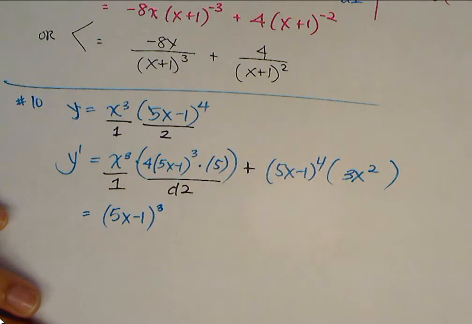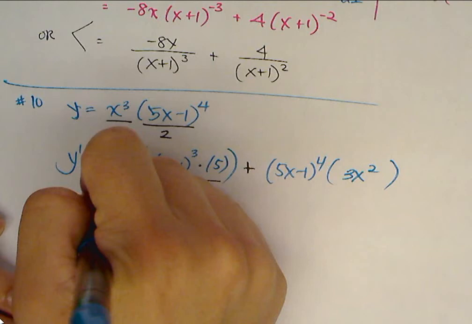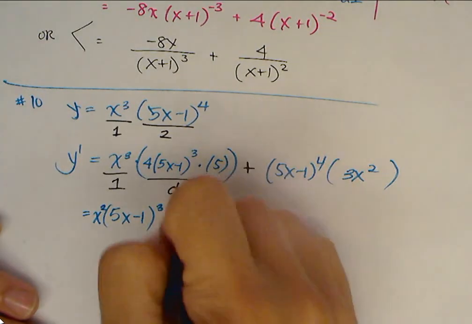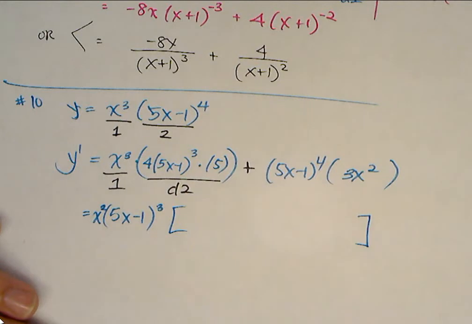What else can we factor out? What about x squared? We're factoring out from both.